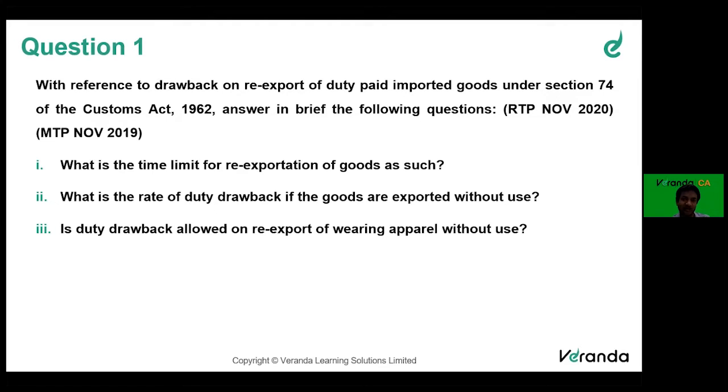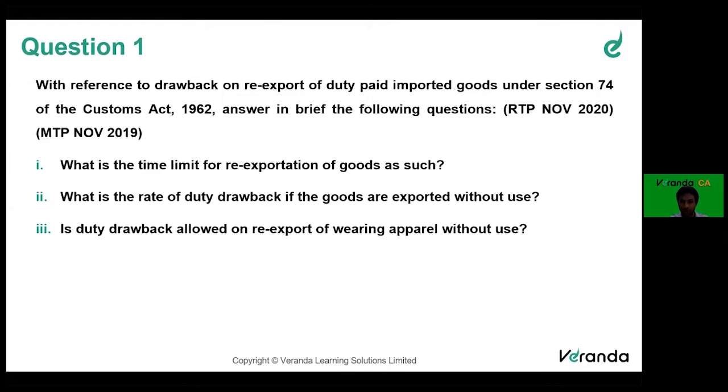Whether this product is eligible for drawback. That's basically the intent of this question. Sir, we can use the same thing here also. If wearing apparel is re-exported, then the same 98% drawback we can avail if the apparel is not used.